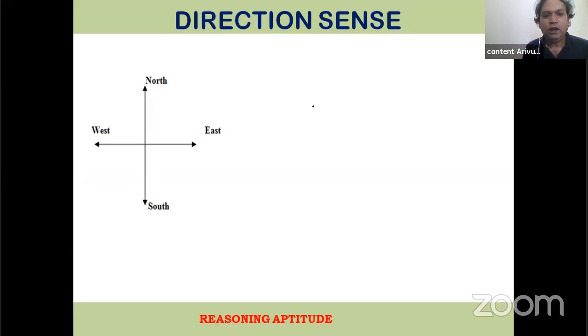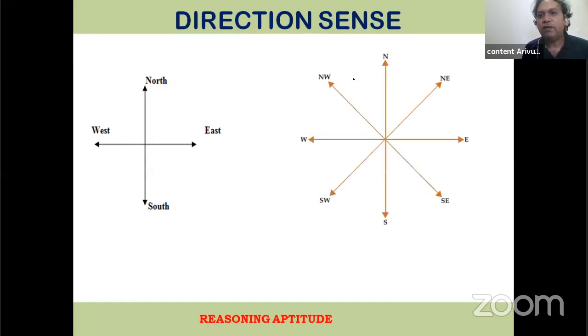Now, apart from north, south, east, and west, we also have four other directions like the northeast. This NE stands for northeast. Similarly, NW stands for northwest.